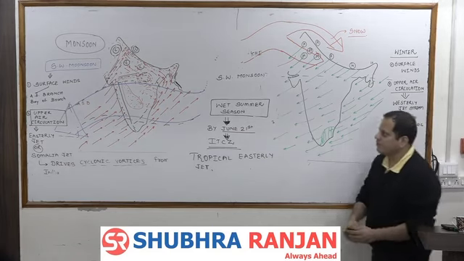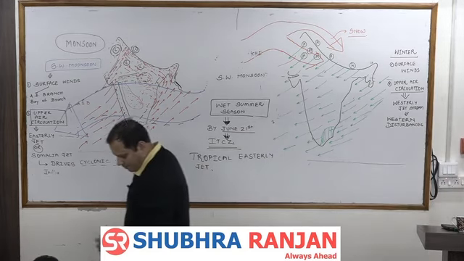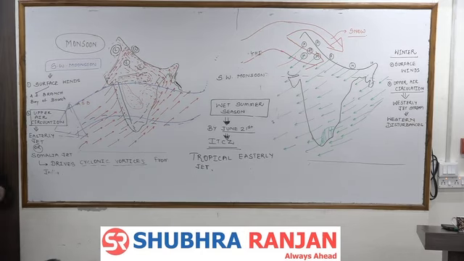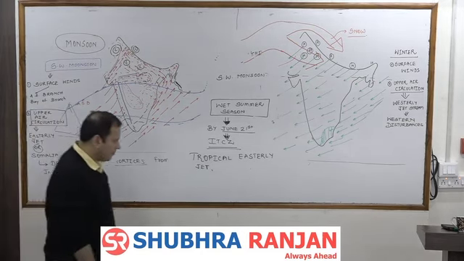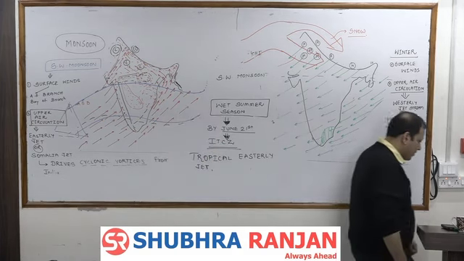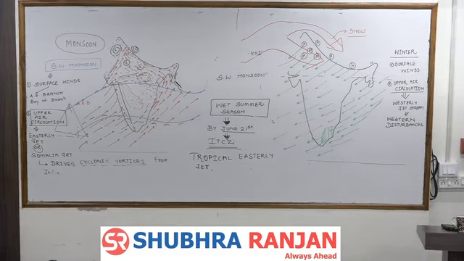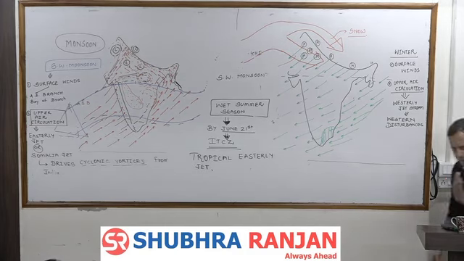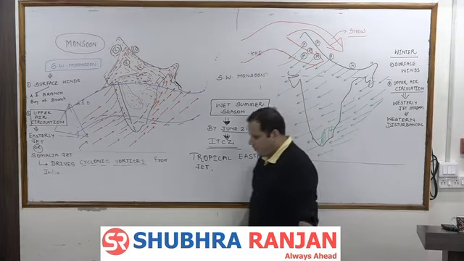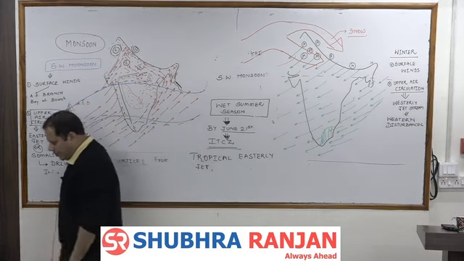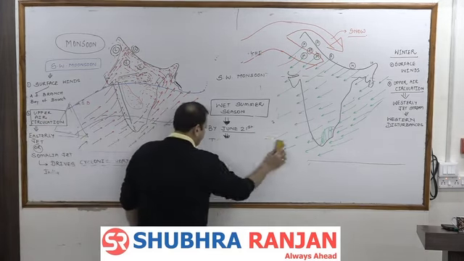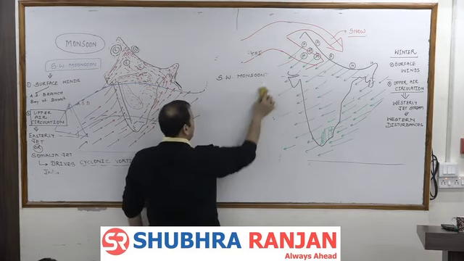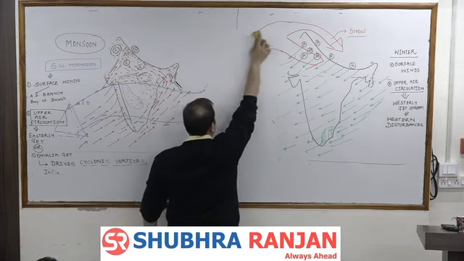So retreating monsoon, mid September to mid November. Due to the southward movement of the sun, the low pressure center gradually starts withdrawing.